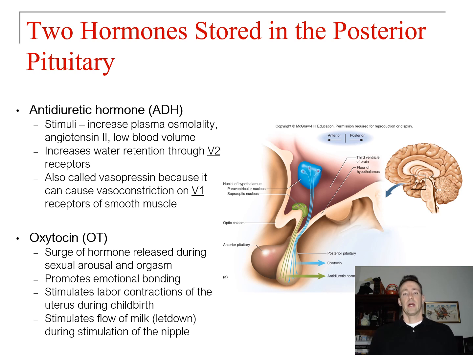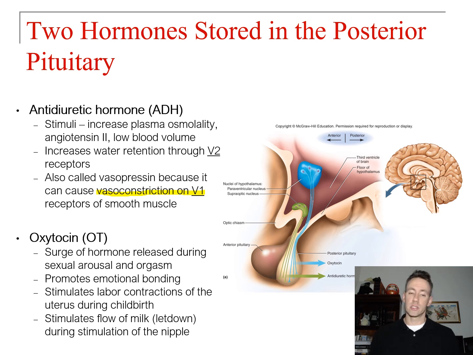Another name for it is also vasopressin, because it has a very potent stimulus to vasoconstrict. It can act on the smooth muscle cells of the blood vessels and cause vasoconstriction, and it acts on V1 receptors there. Both the reabsorption of water and vasoconstriction can also help us increase our blood pressure.